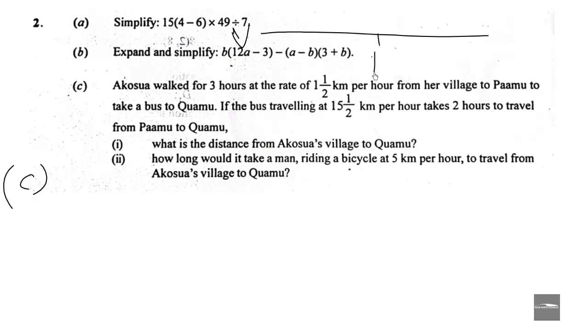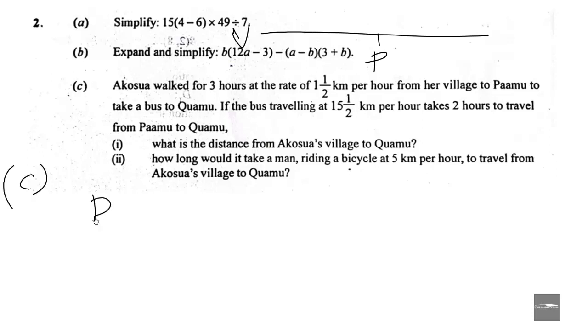So let's say Pamu is here. And Akosia walked for 3 hours at a rate of 1.5 kilometers per hour. So for 2 hours, you cover 3 kilometers. For 3 hours, you cover 4.5 kilometers.